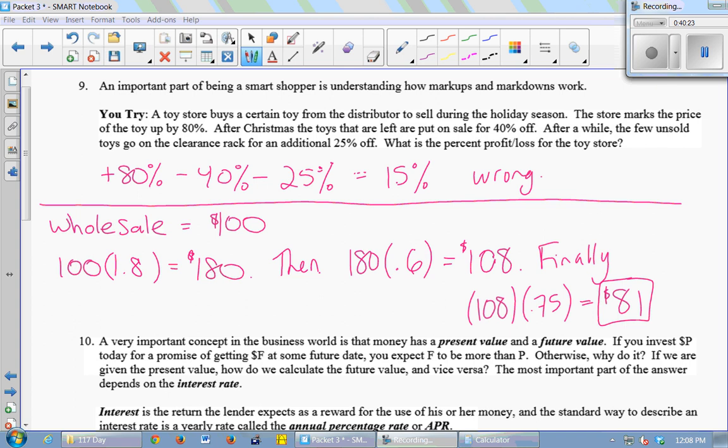This represents a 19% loss, because it represents a loss of $19, right? $100 to $81 is $19 loss. And it's 19%. Why did $19 become 19%? Because $19 of my original $100 represents 19%. So that's a 19% loss.